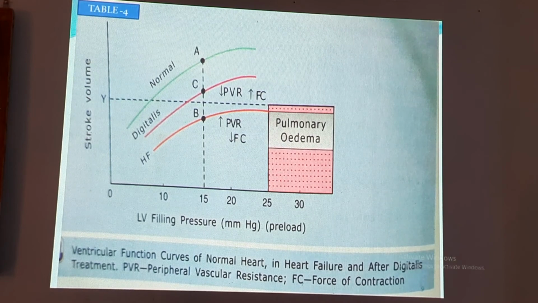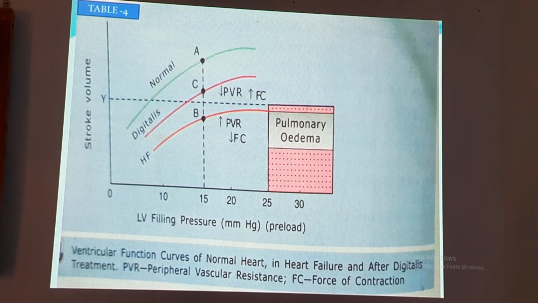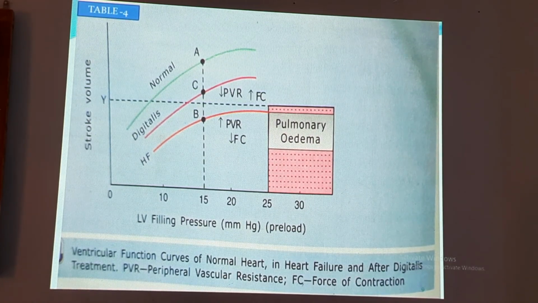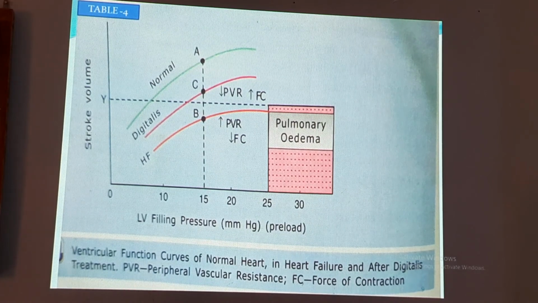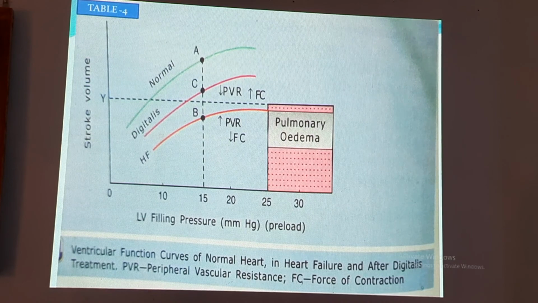But after therapy with digitalis or cardiac glycosides, peripheral vascular resistance is decreased and force of contraction is increased. So the curve has improved from B to C, giving benefit to the patient suffering from heart failure after intake of cardiac glycosides.